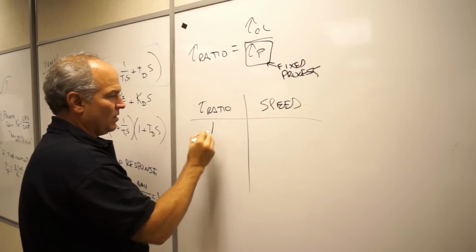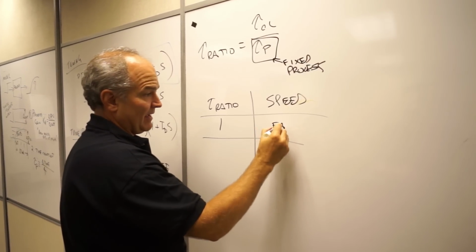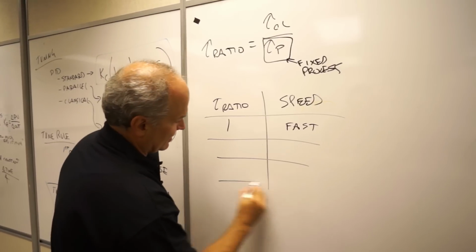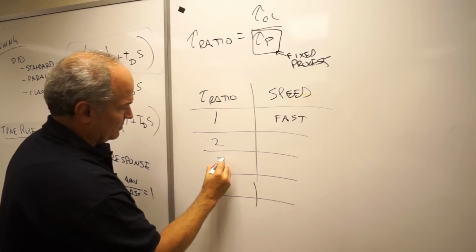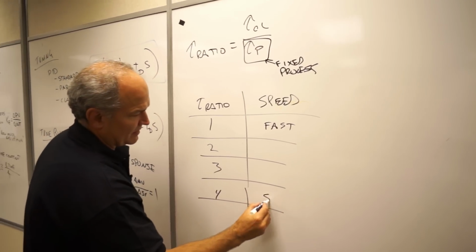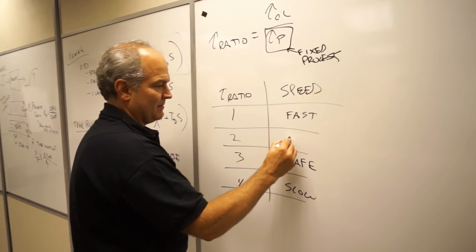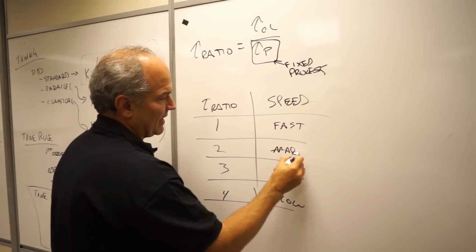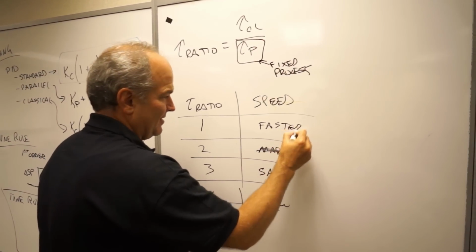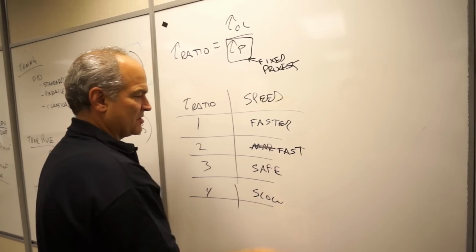If we say 1, that's what I would call very fast. And then we'll go with 2, 3, 4. 4 is very slow. This is safe, and this is, I would say, marginal. It's just fast. Faster, fast. So your speed of response.